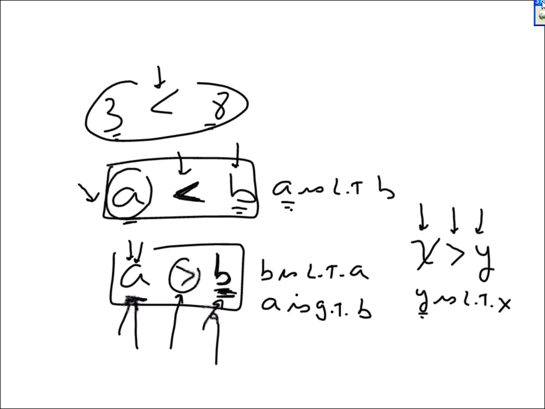Well, there's only one reason why Y is less than X, and that's because X is greater than Y. Oh, that's the greater than symbol. Now I remember. You can forget that anytime you want. But nonetheless, the arrow points to the smaller value.